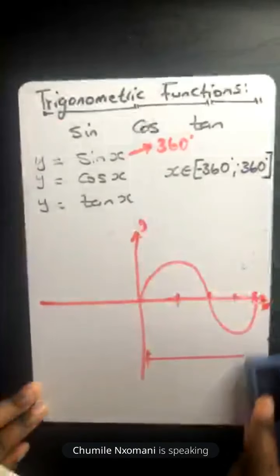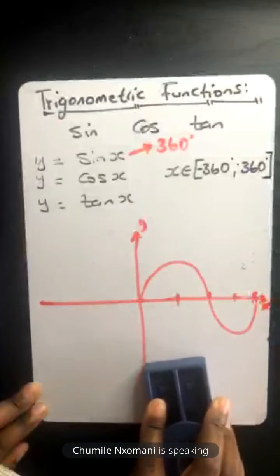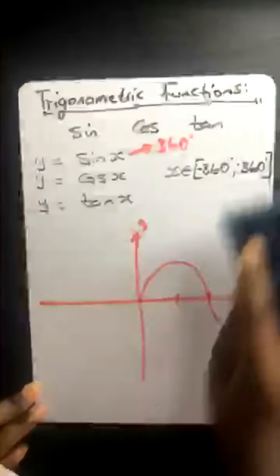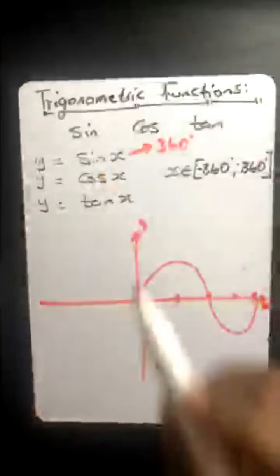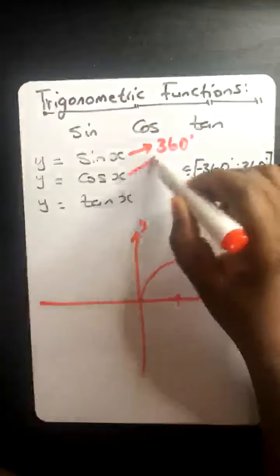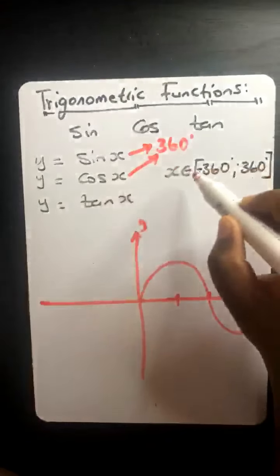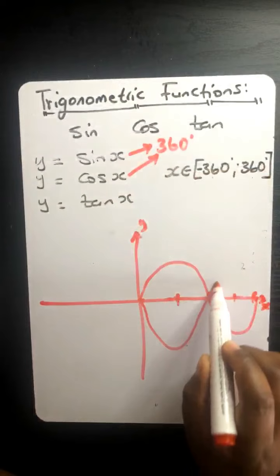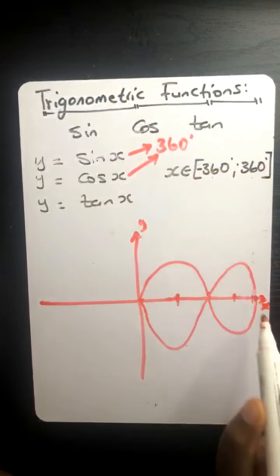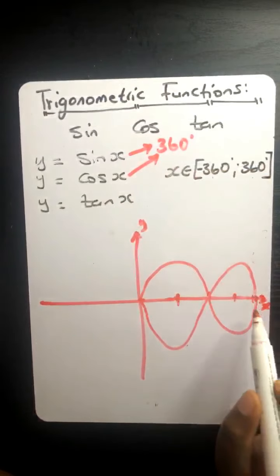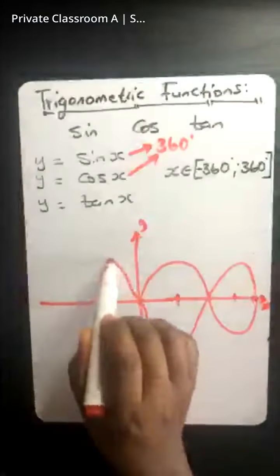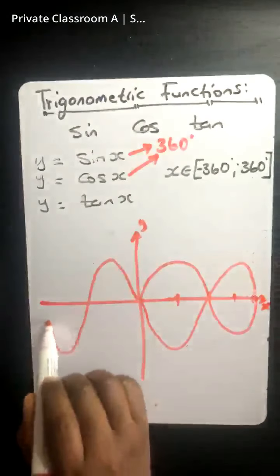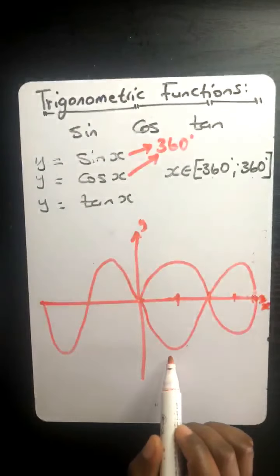I do understand, sir. So the period for the sine function is 360. Also, for cos it is 360. You might find that for cos it starts going down and then goes up, and then it's complete. If it goes to the negative side, it also needs 360 on the negative side to complete.